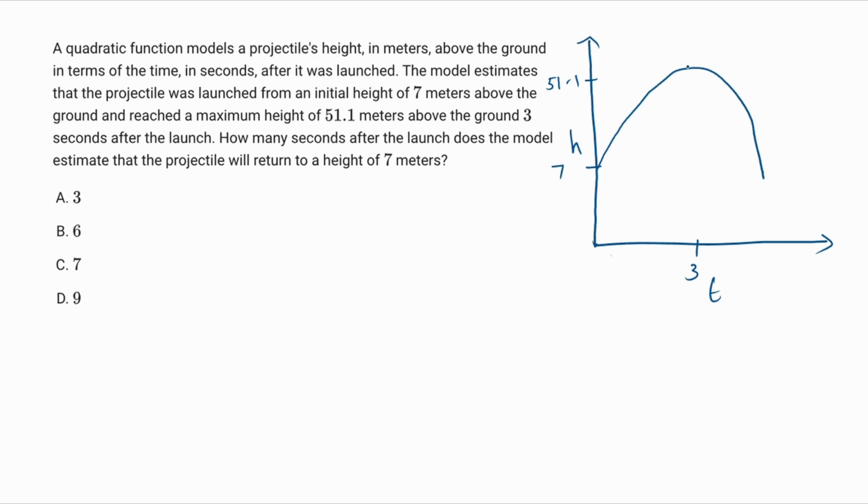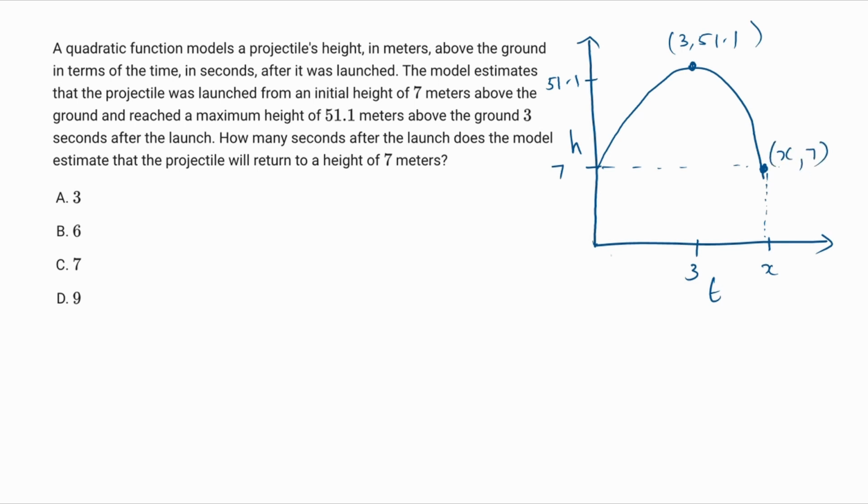So here my vertex is nothing but (3, 51.1). Now after some time, the projectile reaches the initial height here, and I need to find the corresponding x value. So I need to find the x value for the point (x, 7).